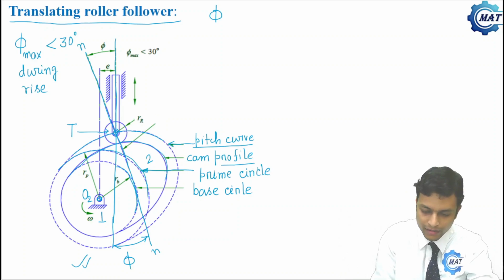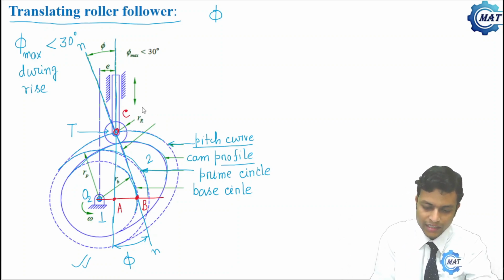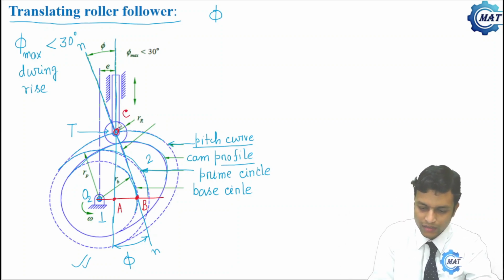Now from here, say this point is B and this point is A, and the roller center, say this is T. T is the trace point. T and C are the same point, that is the roller center. So what is the expression of tan phi?